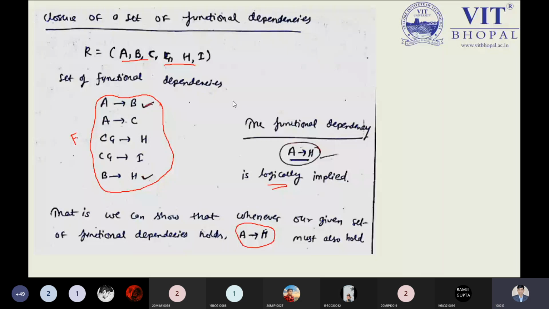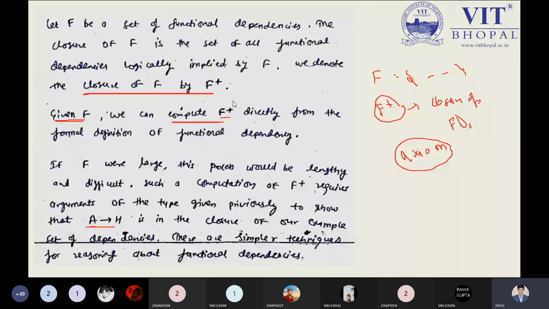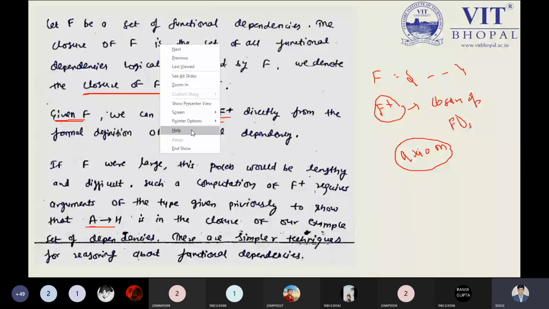Here we have the next slide. In this slide we have some theory points, but we can understand them in a concise way. Listen carefully. Let F be a set of functional dependencies. Now, what is the sense of this? I can use a highlighter to explain my concept properly. Let F be a set of functional dependencies.